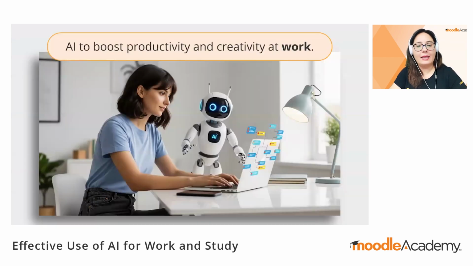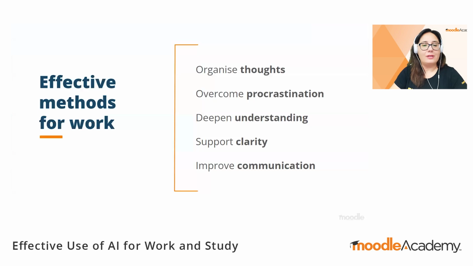Now, let's see how AI can be used to boost productivity and creativity at work. And when I say at work, I obviously mean computer-based work. Okay. So there are some practical ways to utilize AI to increase productivity and creativity at work.